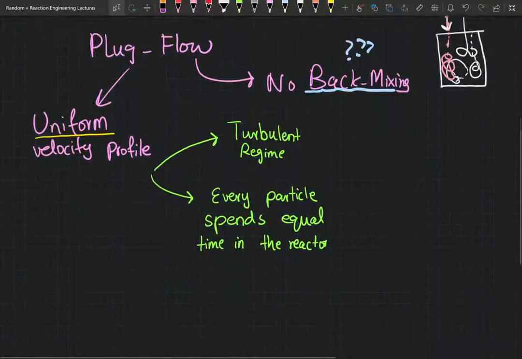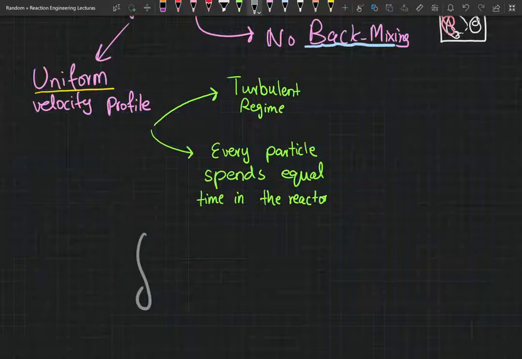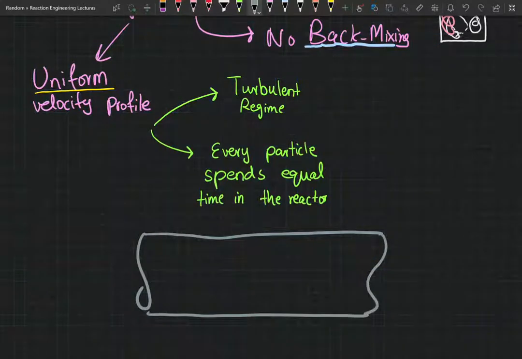Okay, we've talked about the fluid mechanics. Now, before we proceed towards the mole balance, I want to show you intuitively the extremes that you're going to encounter. That's my attempt at drawing a tube. So you have stuff going in, stuff going out.